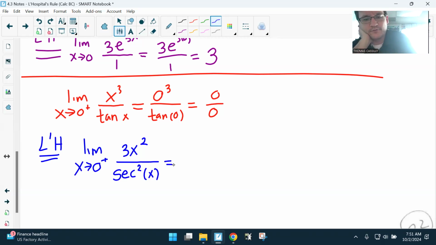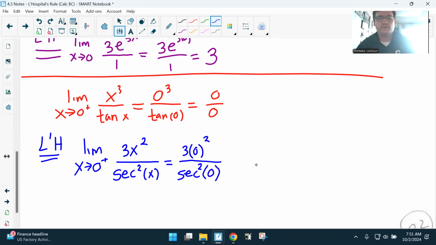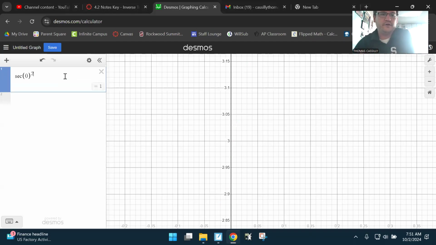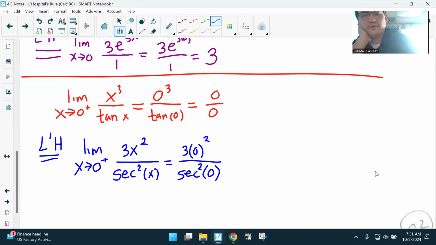So we have 3 times 0 squared all over the secant squared of 0. Let's see what the secant squared of 0 is. I'm going to put sec 0 and then squared. And that's going to pop out a 1.